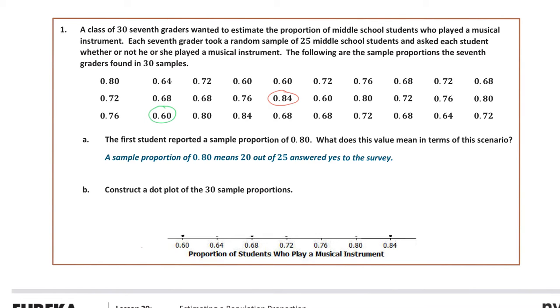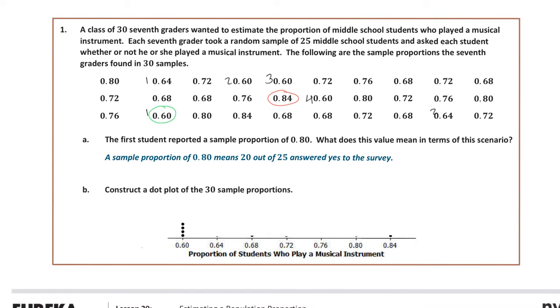Alright, so for our 60 hundredths, I see up here, let's see, we have 1, 2, 3, 4, and I believe that's it. So go ahead and put 4 dots above 60 hundredths. Now let's move on to 64 hundredths, and I see 1.